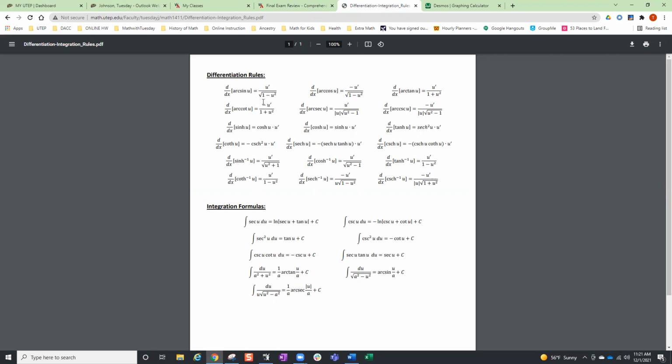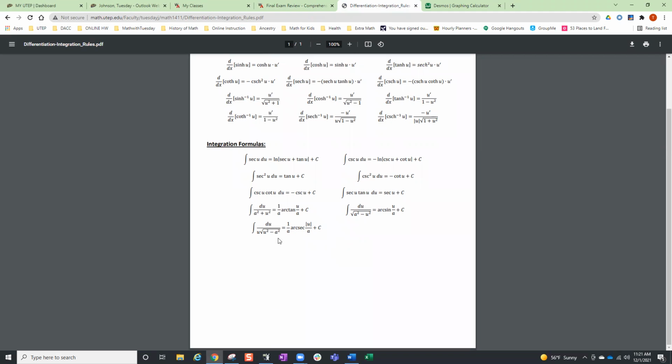The square root of 1 minus u squared. If we do it in terms of antiderivatives, the antiderivative of du over the square root of a squared minus u squared. So we have that form there. And if you try a basic substitution first and it doesn't work out for you, come to this formula sheet and think about the different formats that we could do.